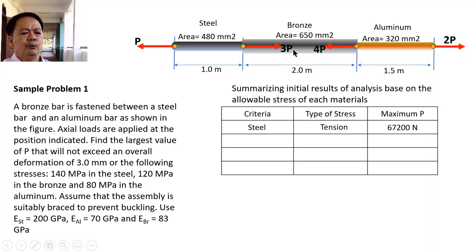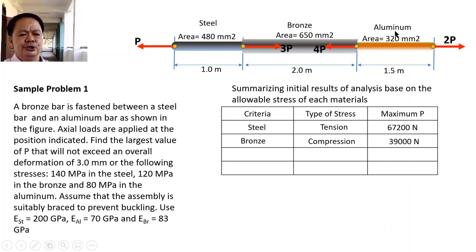While if we are to consider the strength of the bronze, the bronze is subjected to compression, and the value of P that can be applied, considering the stress of the bronze, is 39,000 Newton.